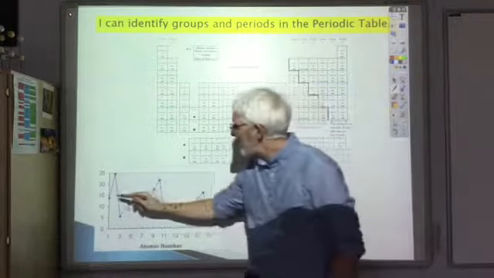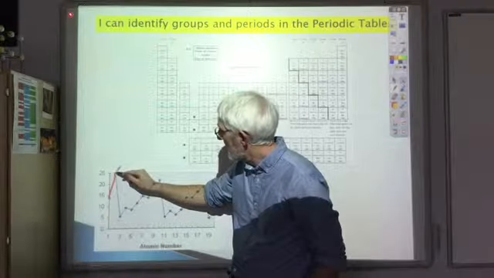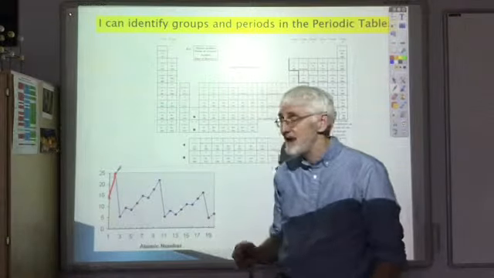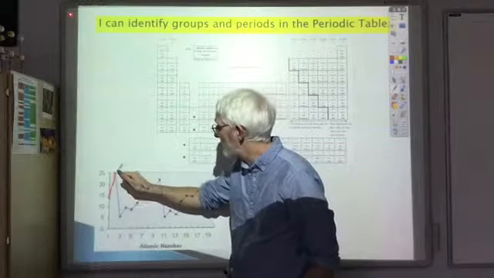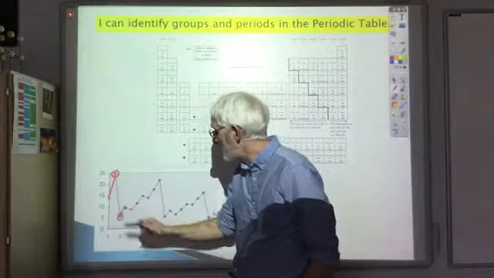So for example here, this is going across the first period, it's increasing, then you get this big drop. That tells us that this is the end of the period, this is a group 0 element, and this down here is a group 1 element.